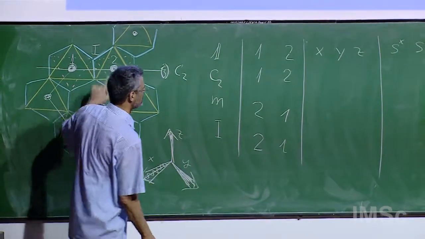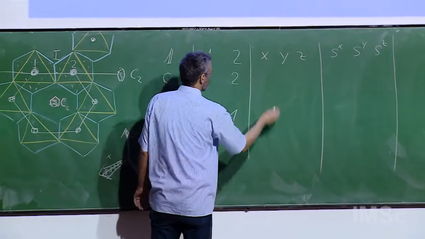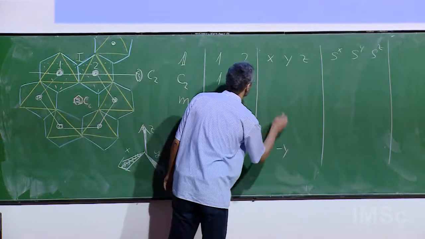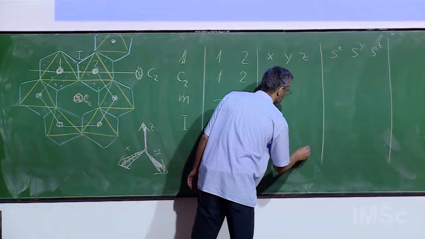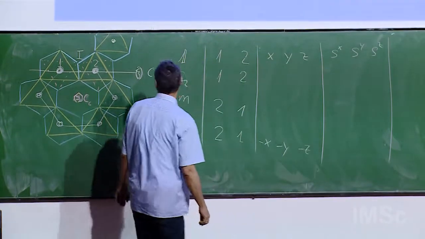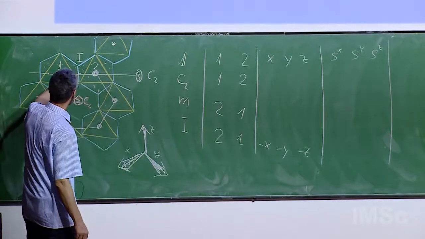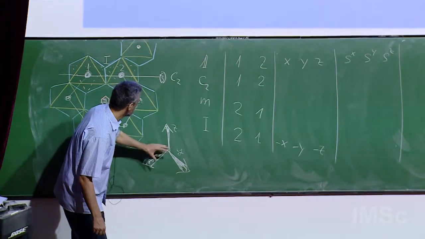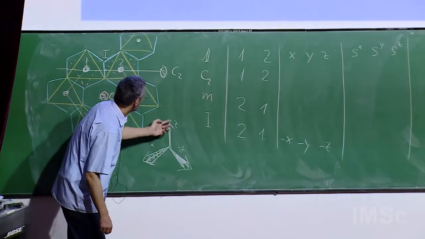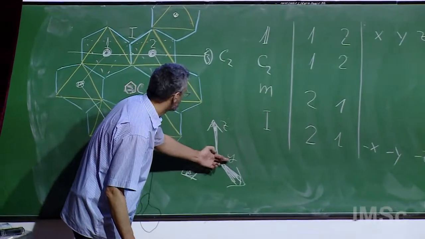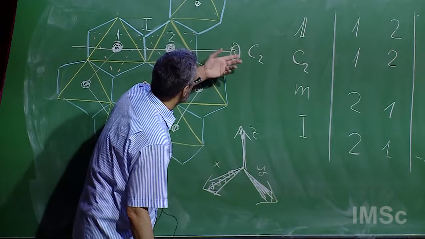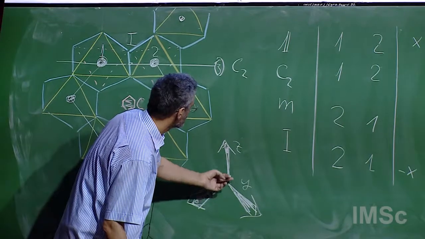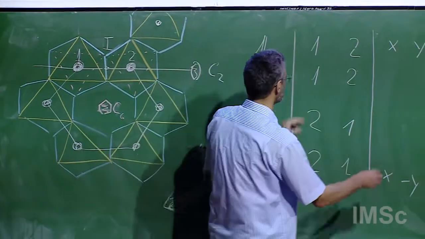So inversion: all the coordinates get a minus sign, so x will go to minus x, y will go to minus y, and z will go to minus z. The C2 will rotate this coordinate system, so C2 and z: z is the axis of the C2 rotation, and they are orthogonal to each other, so the z will go to minus z.